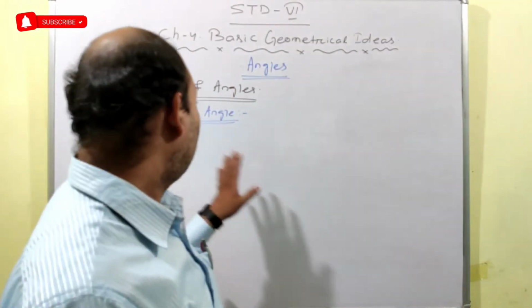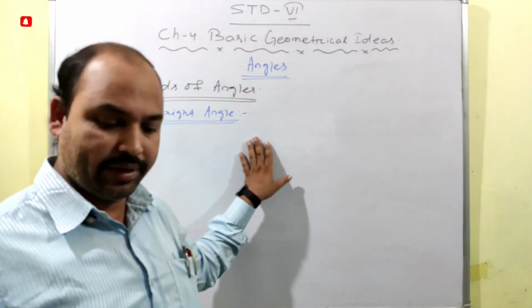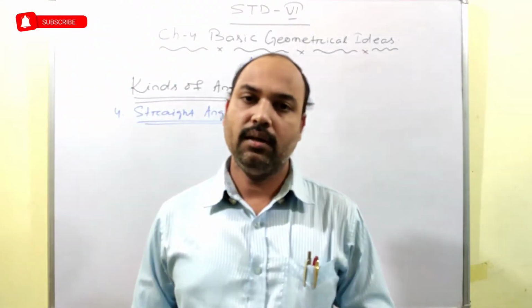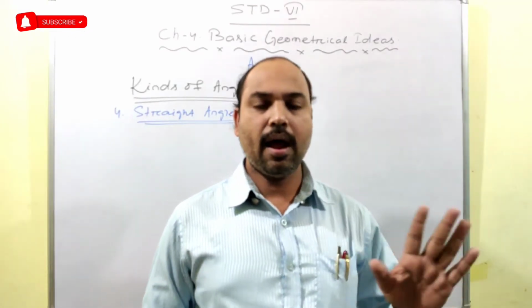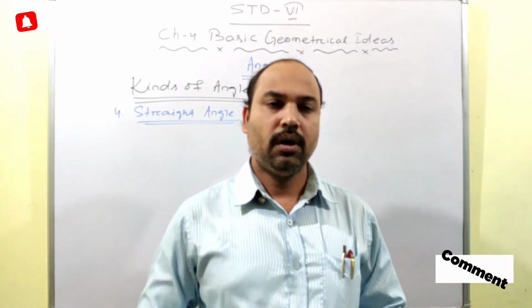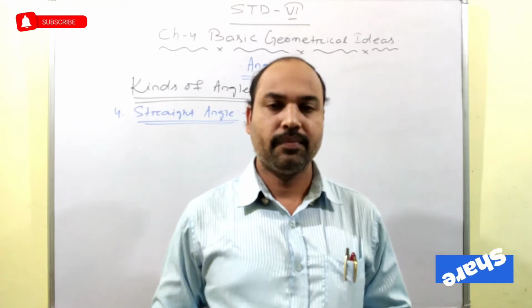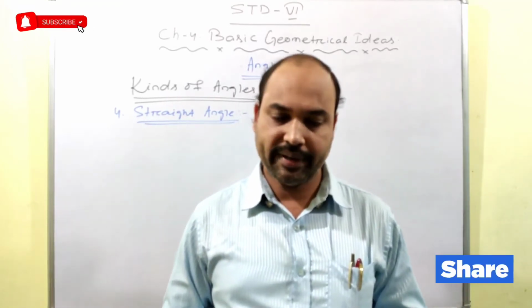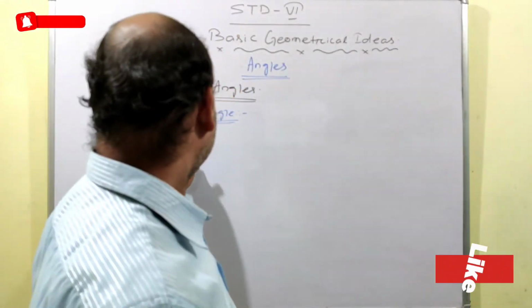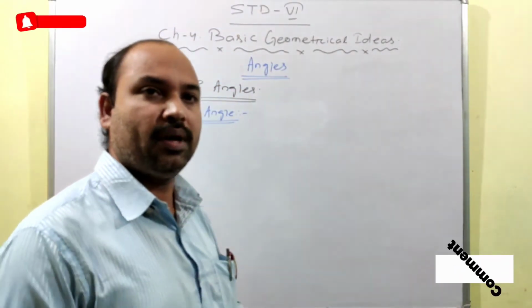Okay. So number 4 is your straight angle. Then what is the straight angle? Straight angle means if the initial and final position of a rotating ray are opposite to each other, then it is known as your straight angle. Okay. So what is called a straight angle? Straight angle means what?